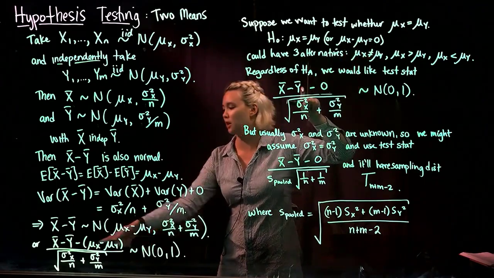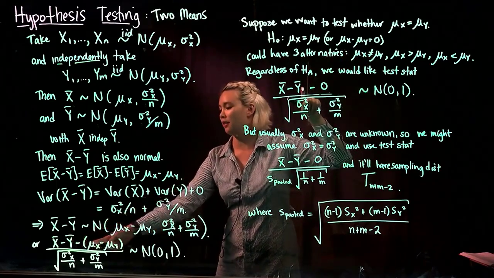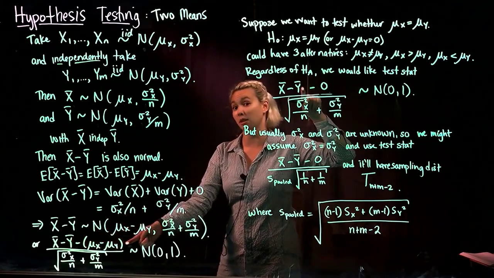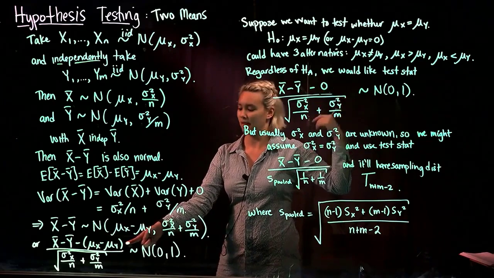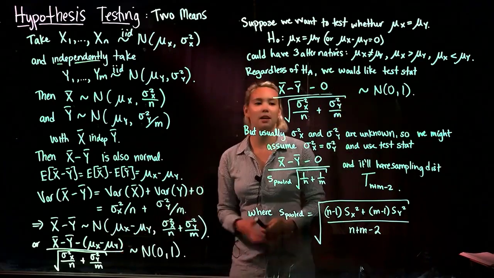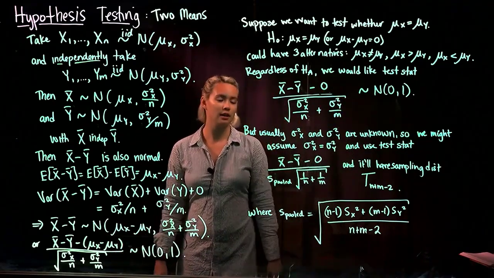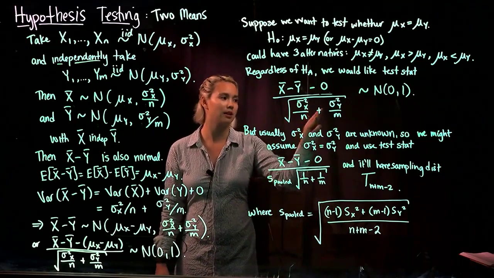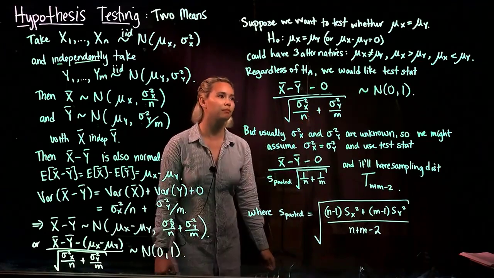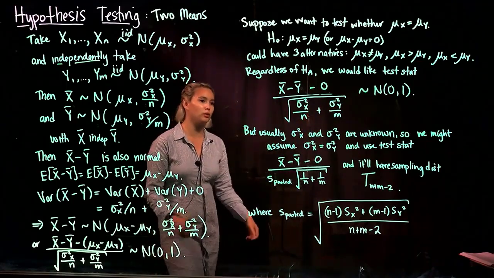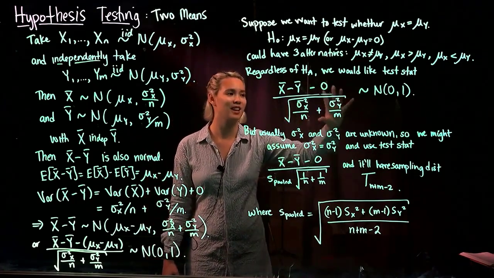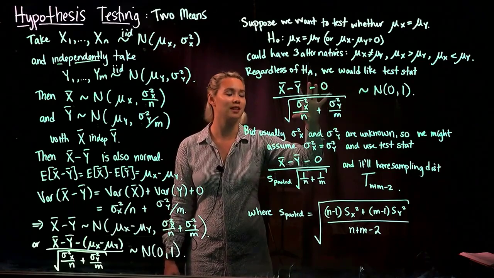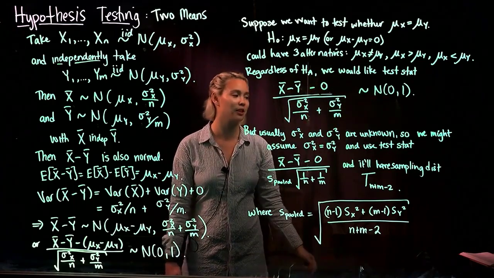So we copy this down, we get x bar minus y bar, and then this term in parentheses is just going to be 0 because under the null, the two means are equal. And then we have our denominator, which is the square root of sigma squared x over n plus sigma squared y over m. So if we knew sigma squared x and sigma squared y, then we could go ahead and use this test statistic, and we would know it has a standard normal sampling distribution.